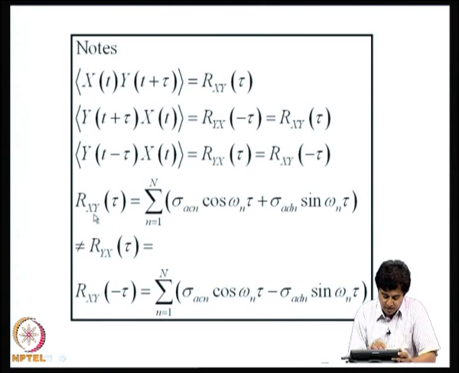Now, in our calculation we got Rxy of tau as sum of sigma ACN cos omega n tau and sigma ADN sin omega n tau summed from 1 to n, which is not equal to Ryx of tau, which is Rxy of minus tau, because sin omega n of minus tau is minus sin omega n tau. So, things are okay. These are some simple checks on basic properties that we should expect from such representations.